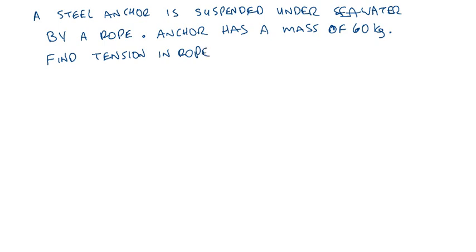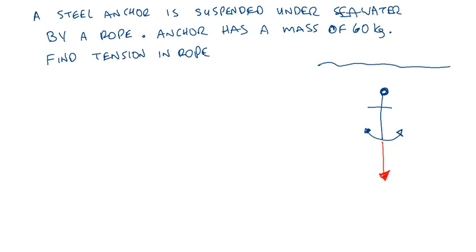Okay. So, like always, first thing would be to draw a picture. Here's my water level. The anchor is completely underwater. So we'll draw the anchor underwater, and it looks like that. Next, I need to think about the forces that are acting on my anchor, and of course we know that weight pulls straight down.